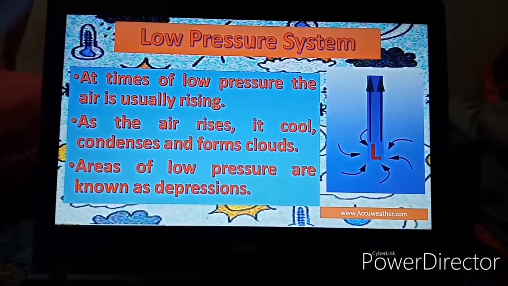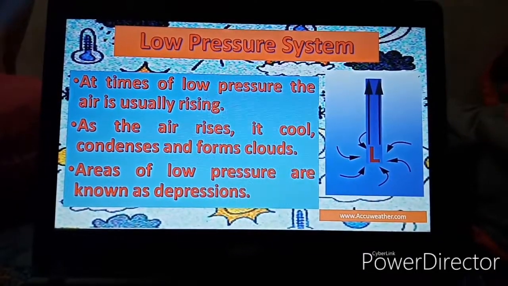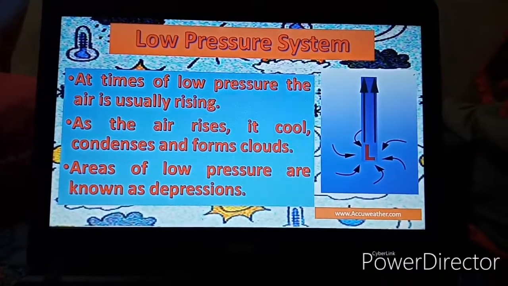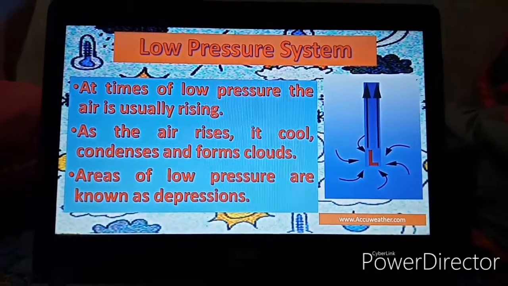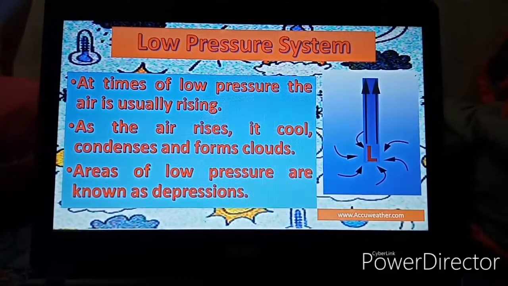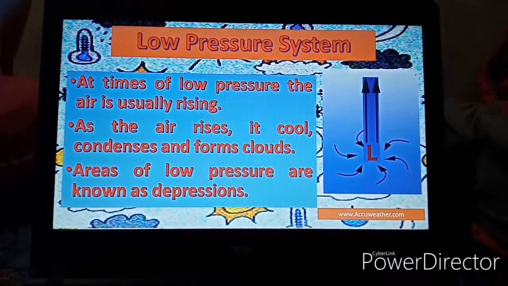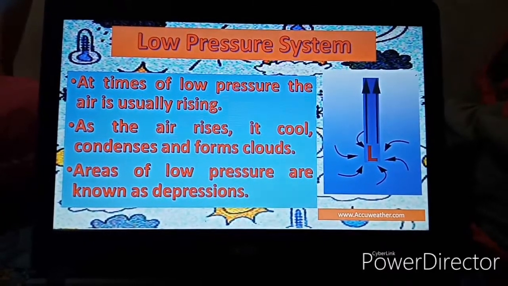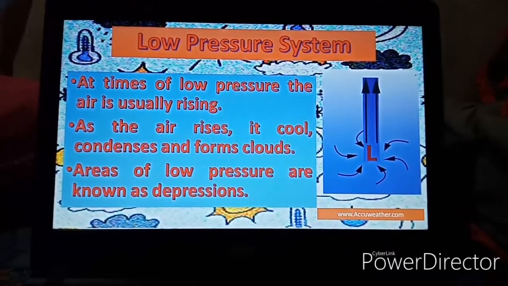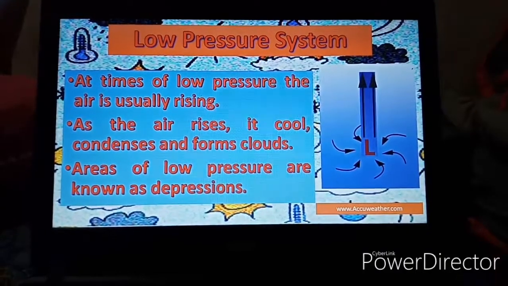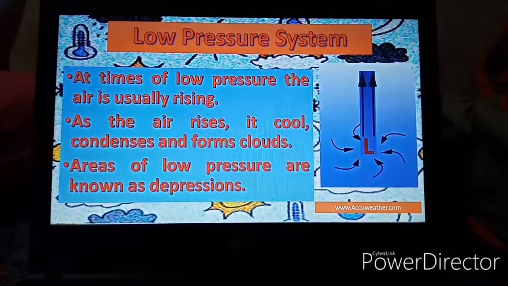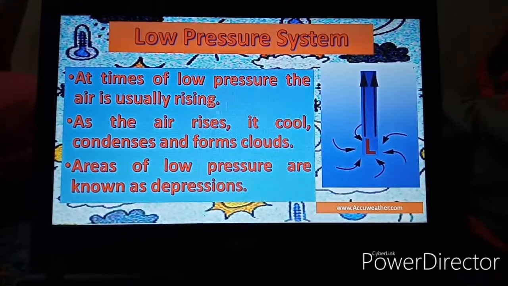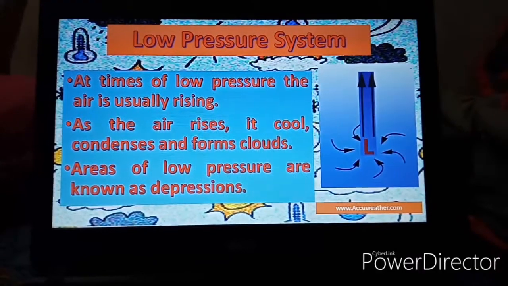Low pressure is when the air is usually rising, and it is because of the direct heat from the sun. As the heat approaches the air, it rises up, and because of it, low pressure exists. So that's all about the different pressure systems in the Philippines and in the world.